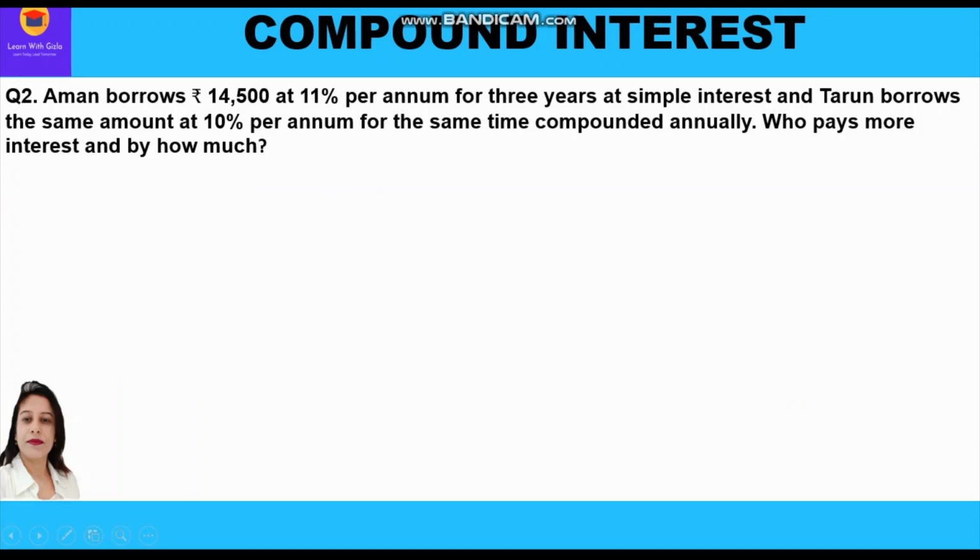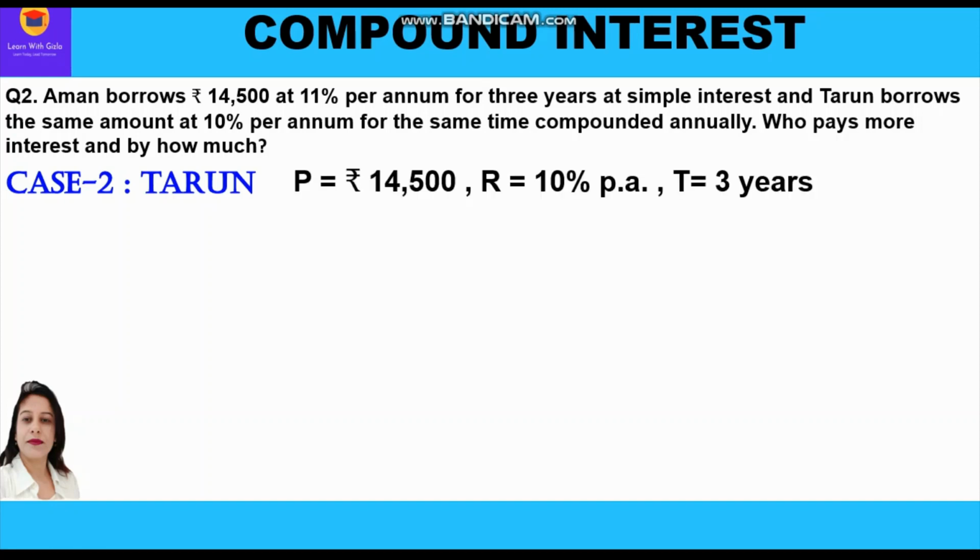Now let us take up the second case in which Tarun also borrows the same amount of money but on compound interest. So his principal is rupees 14,500. Rate of interest, instead of 11% in case of Aman, is now 10% per annum compounded annually, and the time period is the same, that is 3 years. Now we calculate compound interest using the formula CI is equal to P[(1 + R/100)^n minus 1].